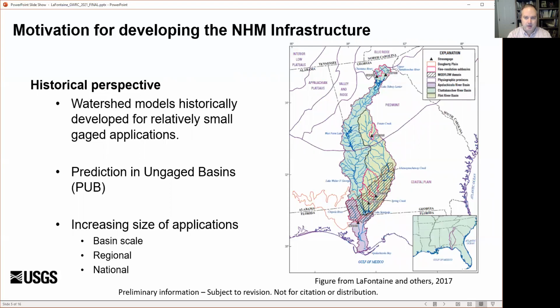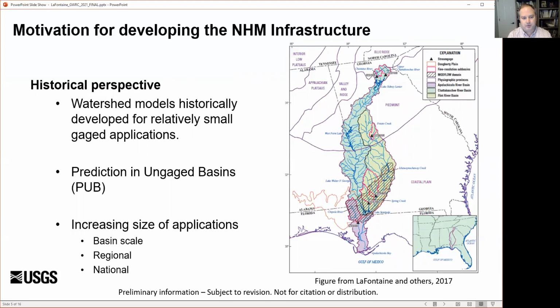But as computational power has increased and as we look at available data sets to parameterize models, we've now expanded the spatial extent of models from basin to region to national scales, and at varying resolutions. And so we're figuring out how we can run these simulations and calibrate them in a consistent way for a national scale application as opposed to a localized watershed.